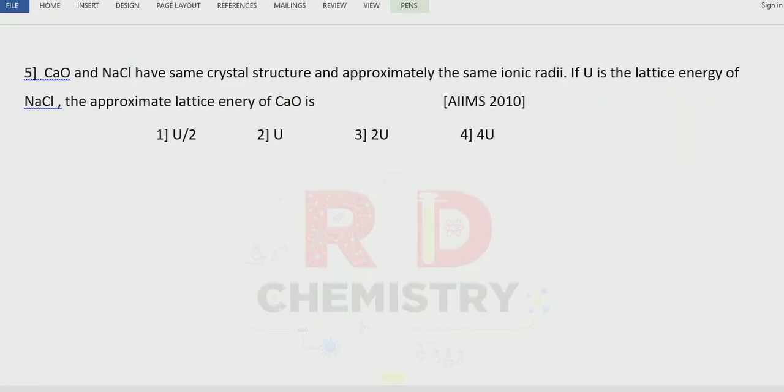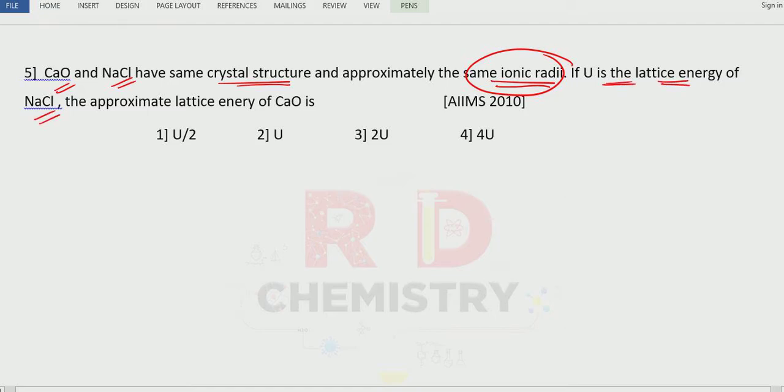Question number 5. Calcium oxide and sodium chloride have same crystal structure and approximately same ionic radii. If U is the lattice energy of sodium chloride, approximate lattice energy of the calcium oxide is. So let me take sodium plus 1, chloride minus 1, correct?